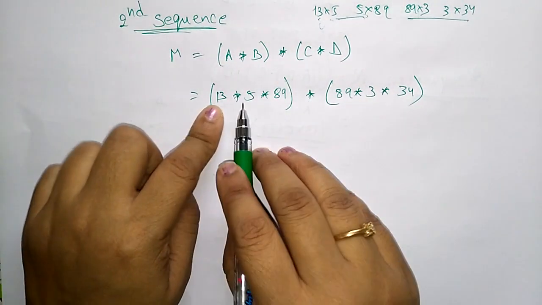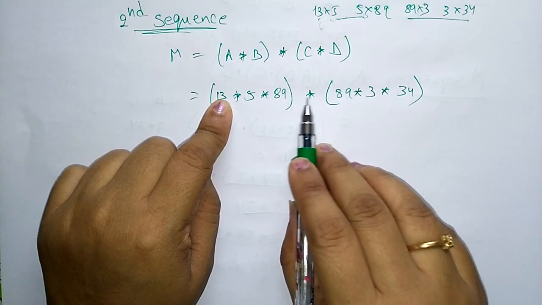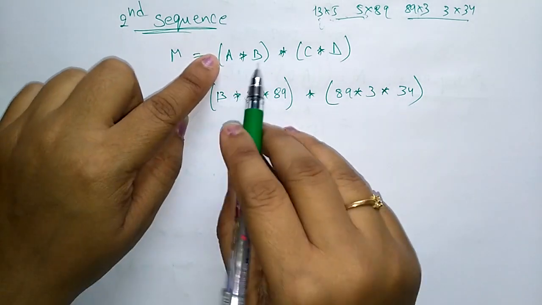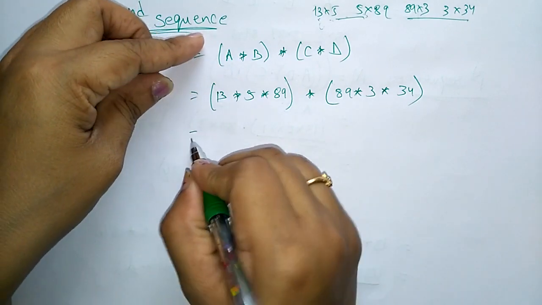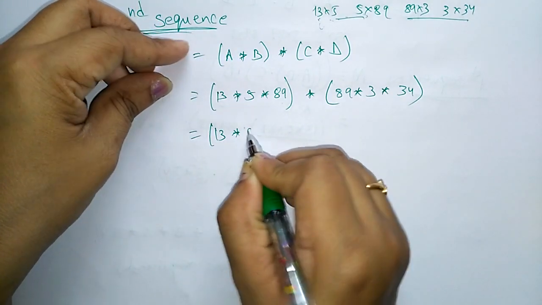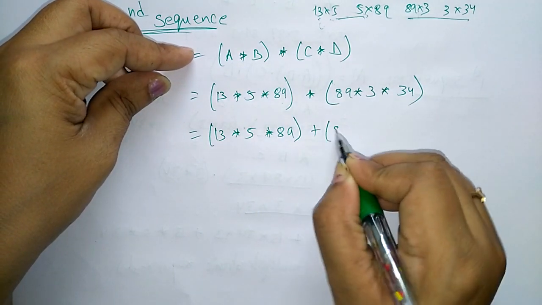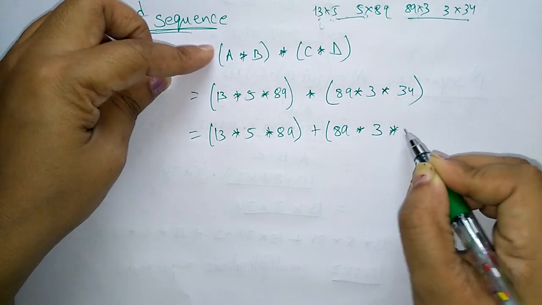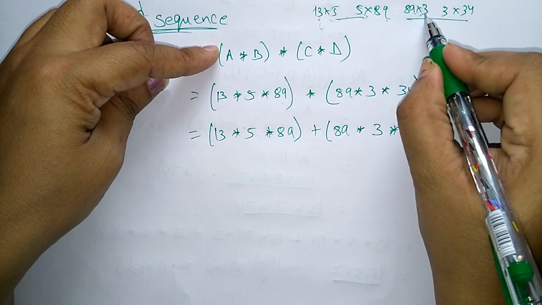So A cross B cross C cross D. So A into B first, 13 into 5 into 89, plus 89 into 3 into 34.